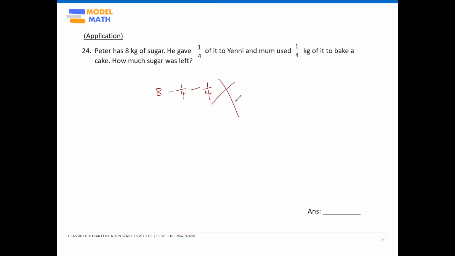So we are going to analyze why this is incorrect. I need you all to look carefully at the two fractions and notice the phrasing. I've highlighted this. This says he gave 1/4 of it to Yenny, whereas this says Mom used 1/4 kg.